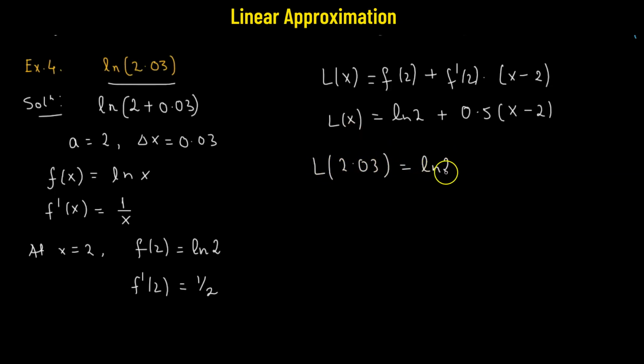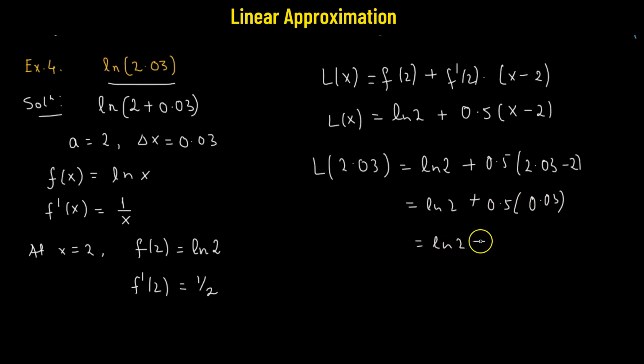So that's natural log of 2 plus 0.5 multiplied to 2.03 minus 2. We have log of 2 plus 0.5 multiplied to 0.03. So we have log of 2 plus 0.015, and this gives us a value.